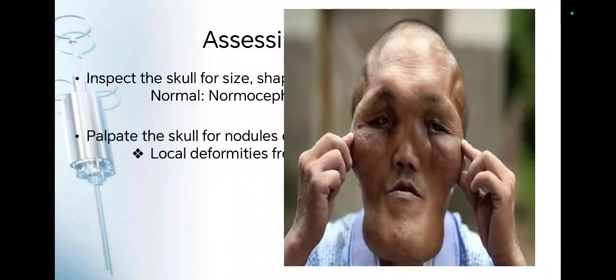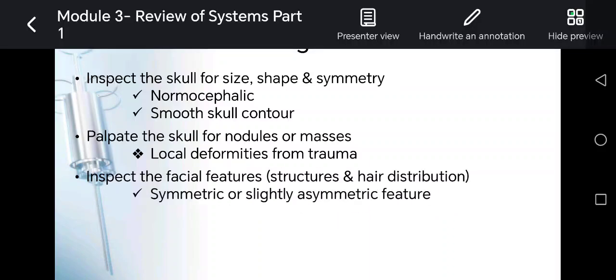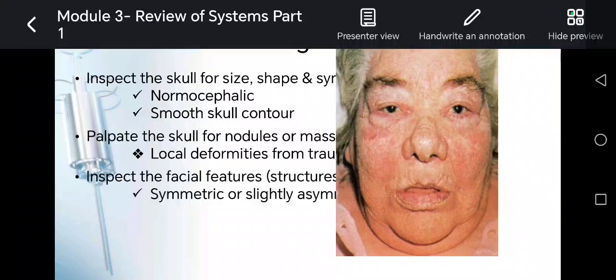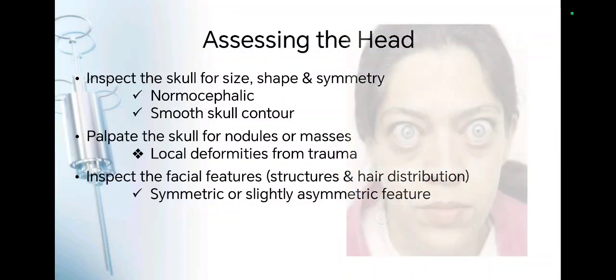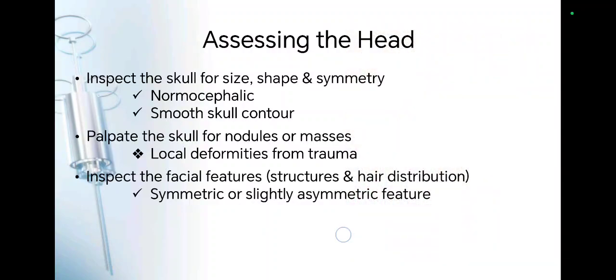Then we also have the facial structures of a patient who has myxedema. This is an example of exophthalmos, the one I mentioned earlier.